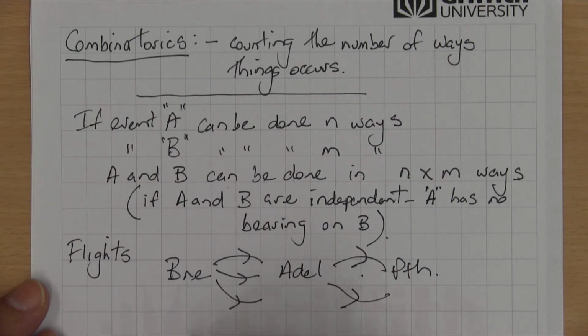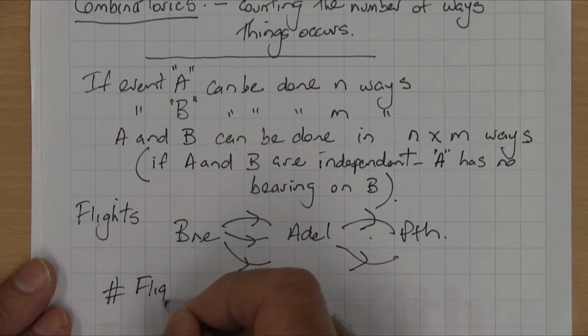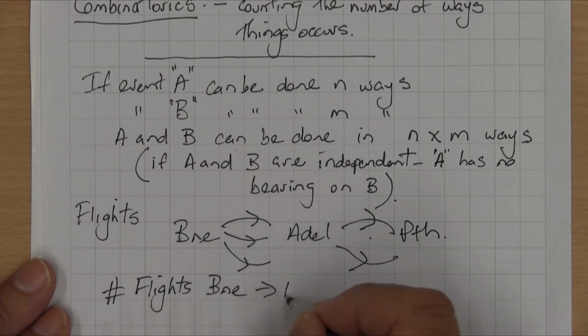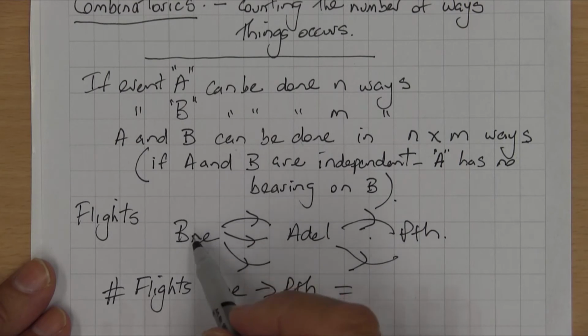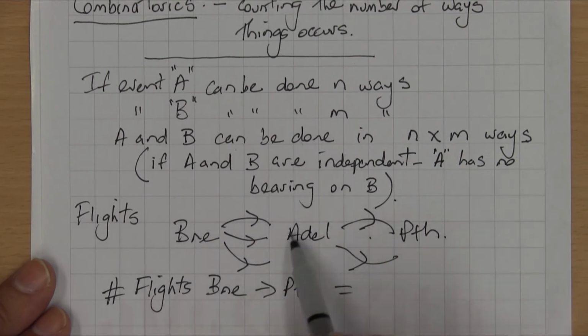So for the number of flights from Brisbane to Perth, this is event A, Brisbane to Adelaide. This is event B, from Adelaide to Perth.